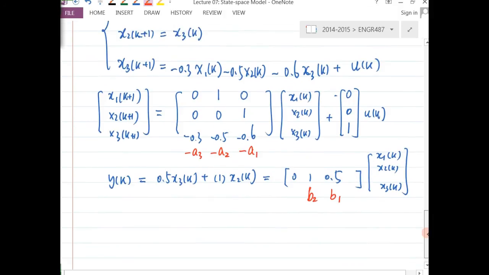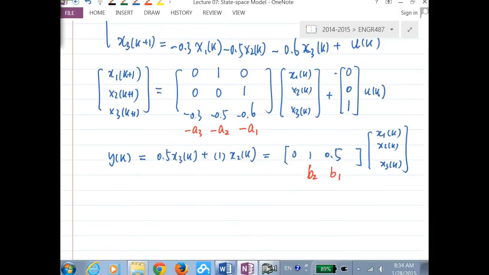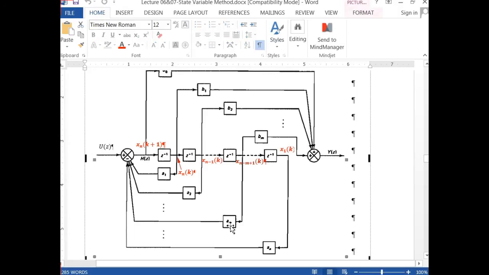So I'll go from here to a more general case. What if you have a very general case that is here? And that's the diagram that you see in this case.